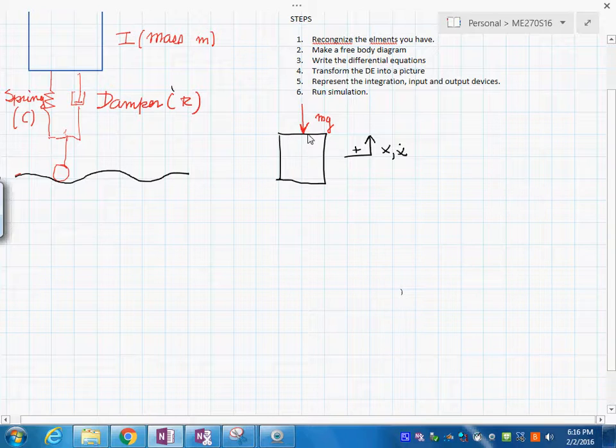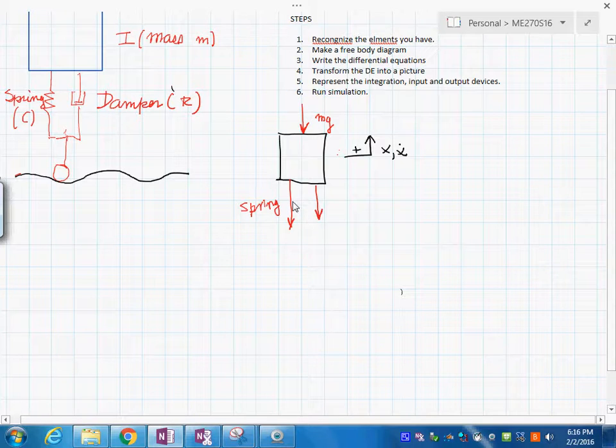If this moves up, the spring will try to pull it down. This would be the force acting down, and this would be the other one.